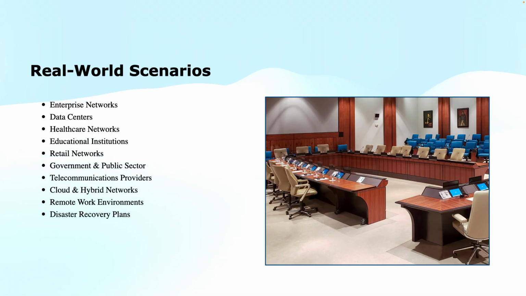Now let's talk about the real-world scenarios for DHCP failover. Number one is enterprise network, where it ensures high availability for the DHCP service in large corporate environments where network uptime is very crucial. Next is data centers. It provides redundant DHCP services in data centers for the servers where crucial applications are running.